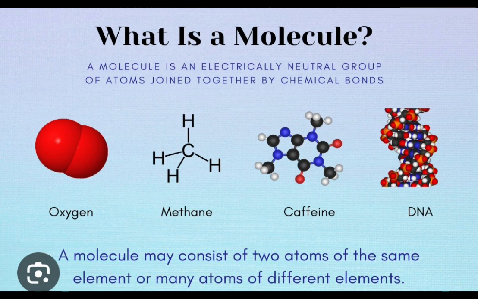In a covalent bond, atoms share electrons to achieve a stable electron configuration. Therefore, a molecule is formed when atoms come together and share electrons, resulting in a stable structure. Molecules can be simple, consisting of only two atoms, or complex with many atoms which are bonded together. Examples of molecules include water.